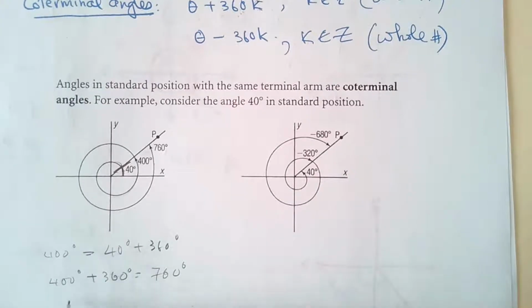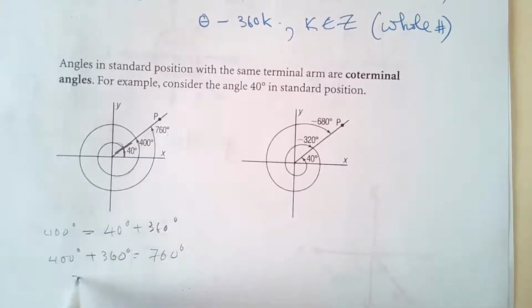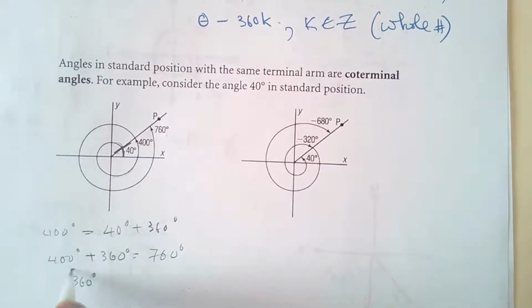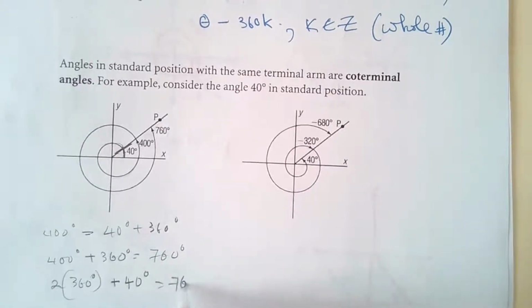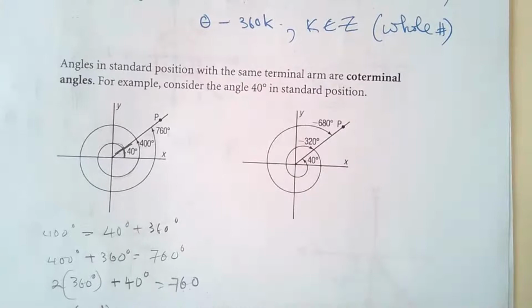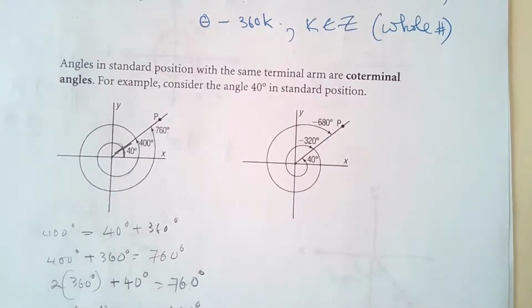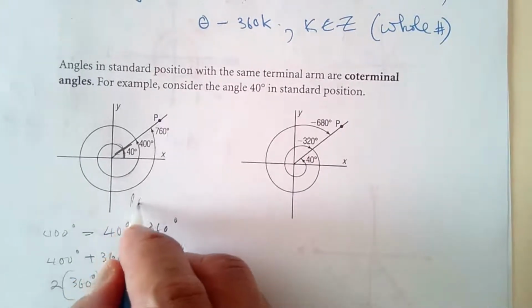Looking at the formula, it's 360 degrees times 2 plus 40 degrees, which is 760. If you're looking for 1, it'd be 360 degrees plus 40, which gives me 400 degrees. So this is for positive angles.